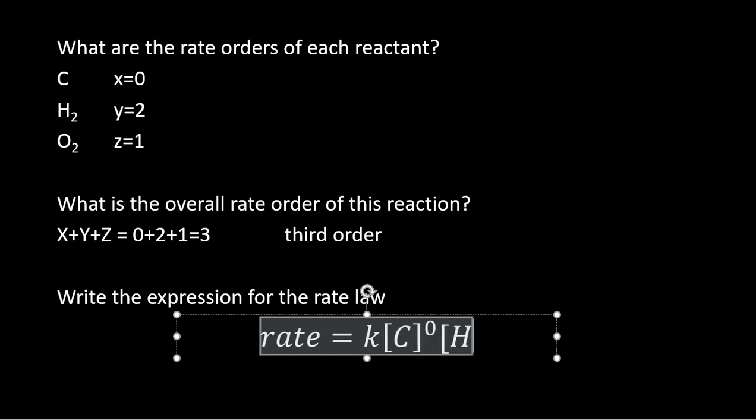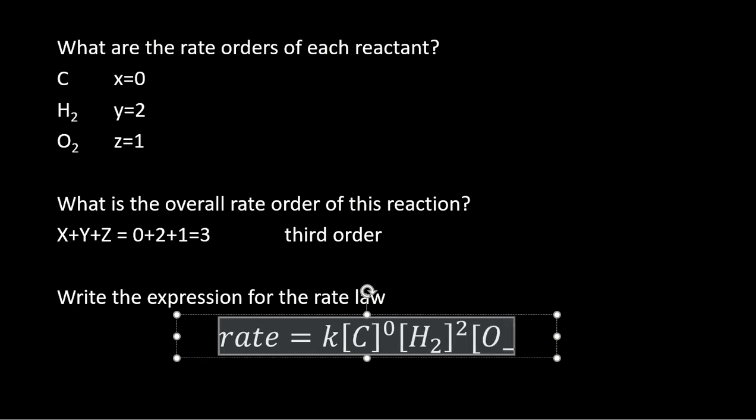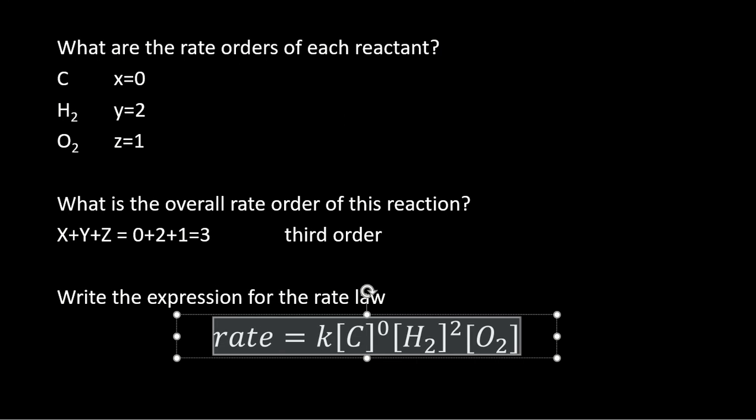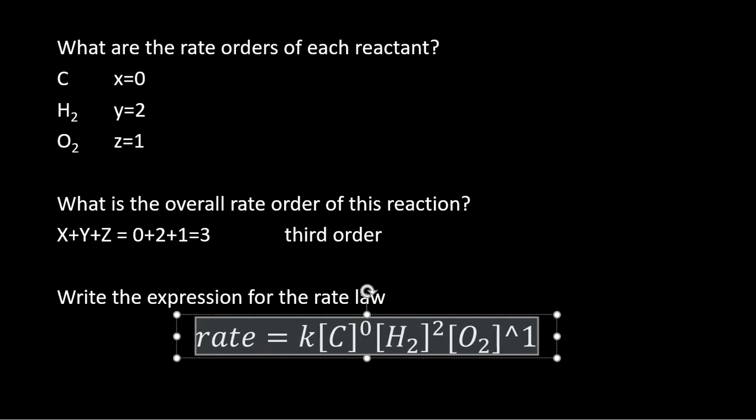Now times our second reactant, molecular hydrogen, raised to its rate order, which is 2, multiplied by the remaining reactant, molecular oxygen, raised to its power of 1.